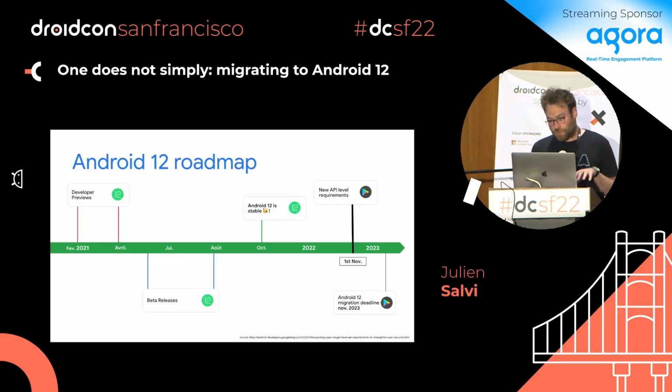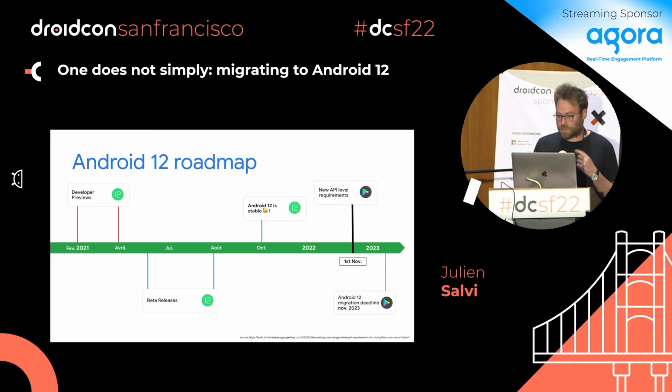A few months ago, the Android team introduced the new API level requirement. Now every Android version has a 2 year life cycle. Which means if you don't target Android 12 by November 2023, your app won't be able to be discovered on the Play Store, and users won't be able to download your application, because your application won't be targeting the latest stable version.